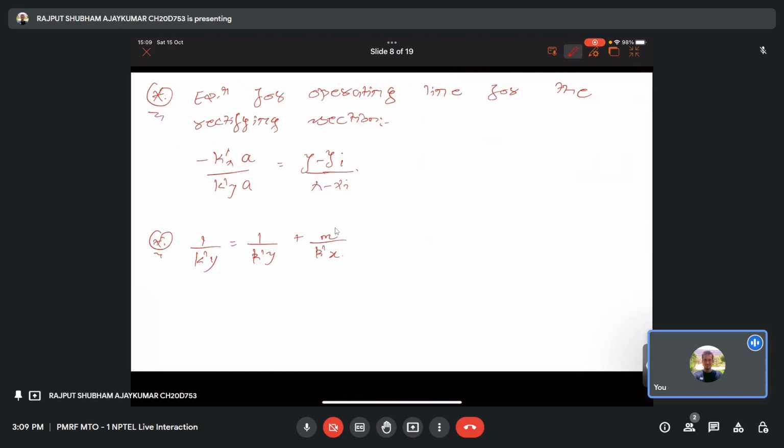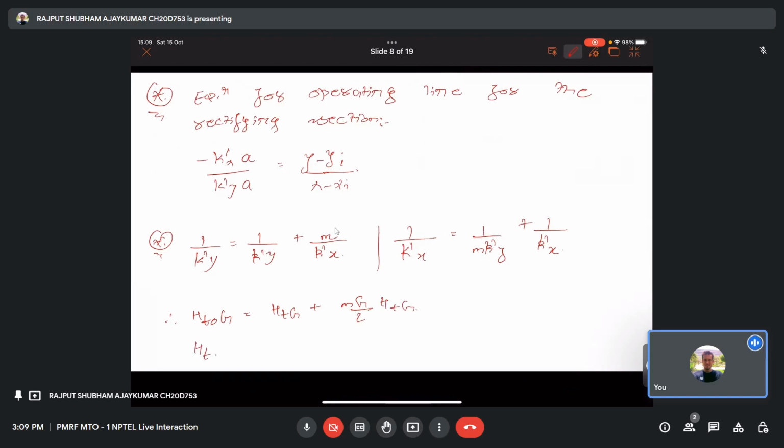And similarly, we have 1 upon capital K_x', 1 upon small k_y', 1 upon small k_x'. So if we see, HTU of OG is equal to HTU of G plus mG by L HTU of L. I'm writing these equations from the already derived functions, I'm not going to derive them from the starting point.